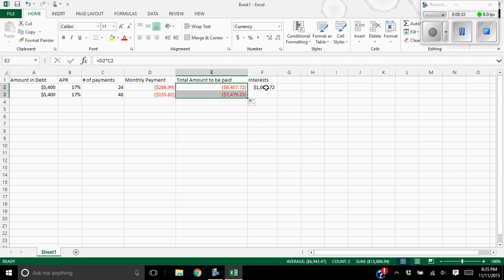My amount to be paid becomes $7,479.20, and right, to take 4 years to pay off that same amount at that interest rate, I end up paying $2,000. Right? So now you can understand how this really isn't that great. Debt is not a good thing, and especially credit card debt. And so paying that off and getting rid of that is super, super important.